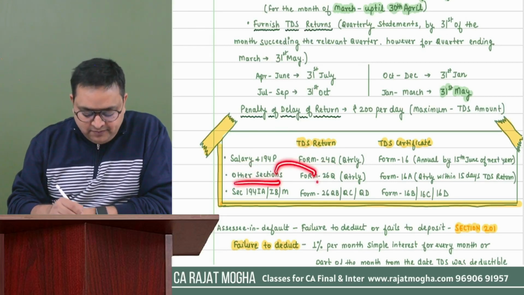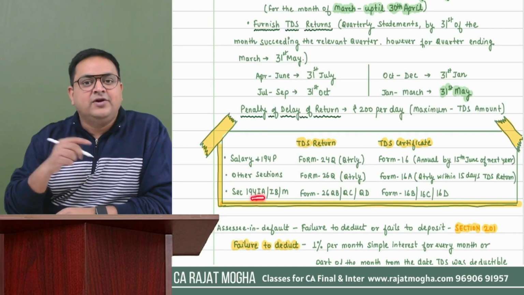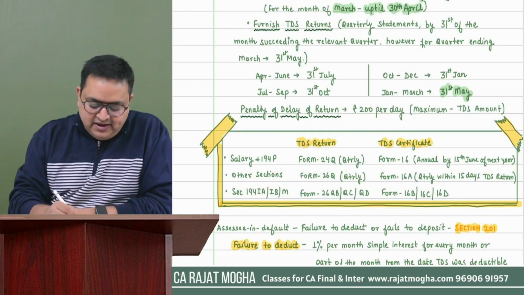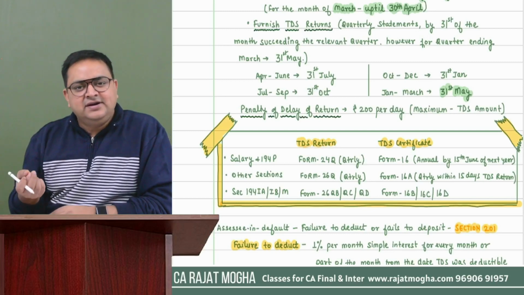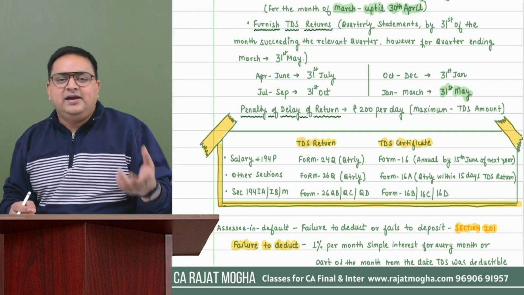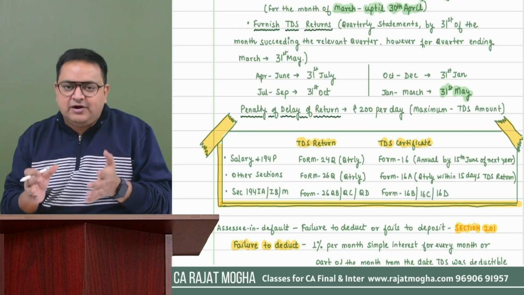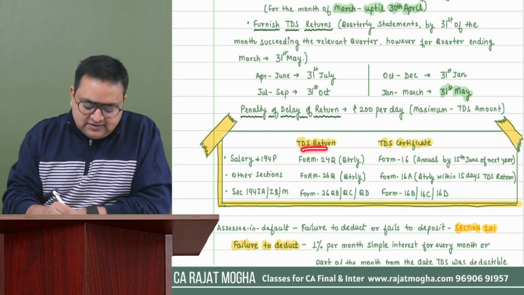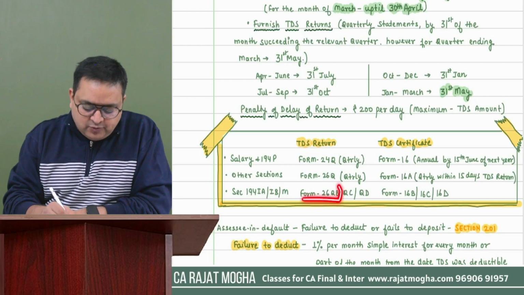But for 194IA, which we are doing right now, there is a special TDS return. You don't have to file a TDS return separately. It is a challan cum TDS return, and it's a very small form which you have to fill up. This return is form number 26QB.